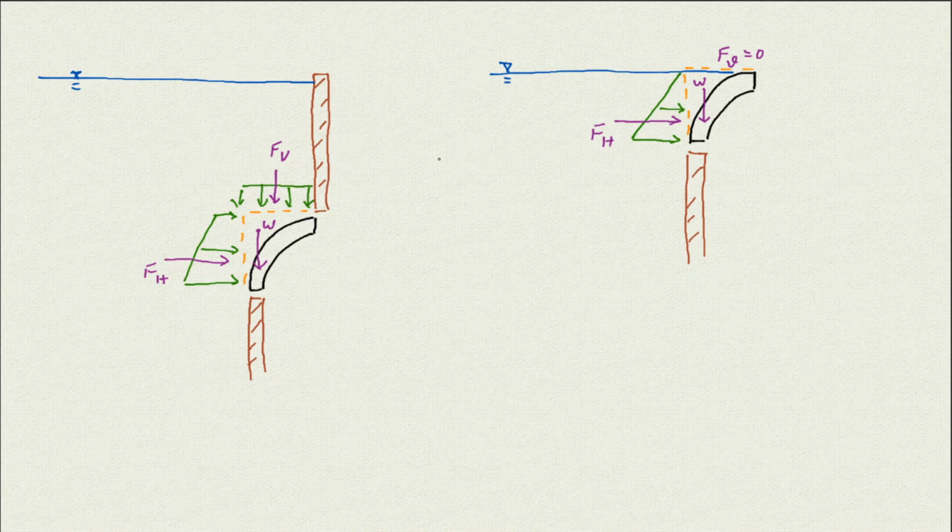So this is the first type. There's another type of problem for the curved plates. Again, assume we have the wall here.